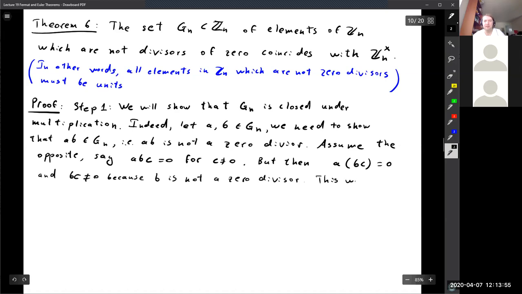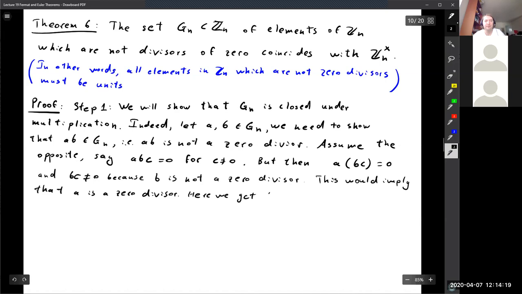This would imply that A is a zero divisor.